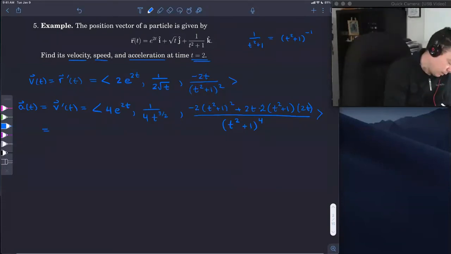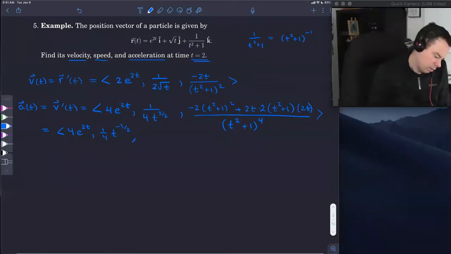Okay, so now we'll simplify this just a little bit so we can work out some values. So this is 1/4, I'll put it as t to the -3/2. And what does our top become? Well, I've got a t squared plus 1 factor in each of the terms in the top, so I can cancel one of those off.